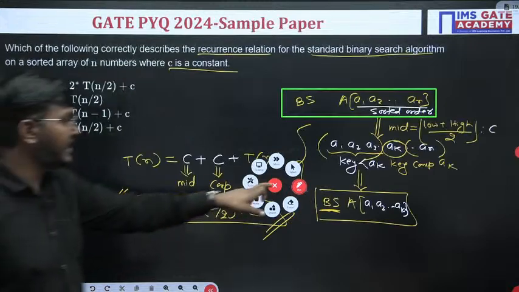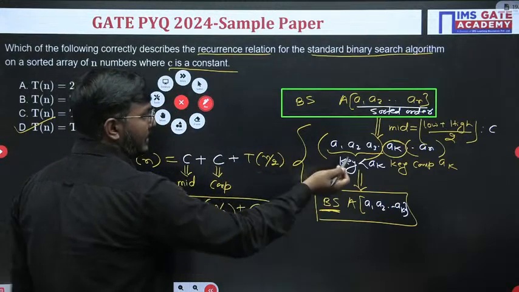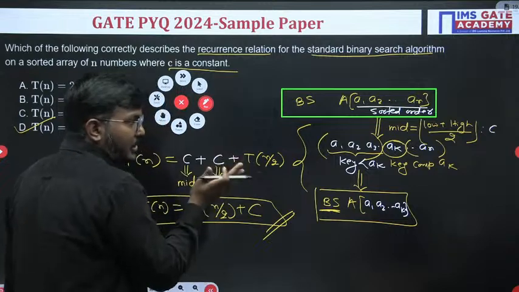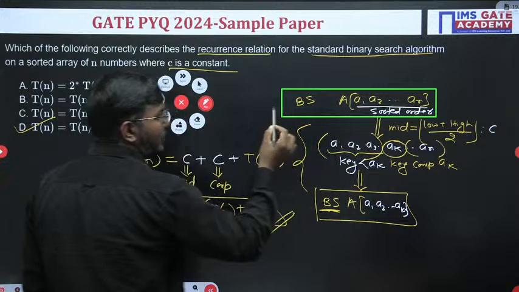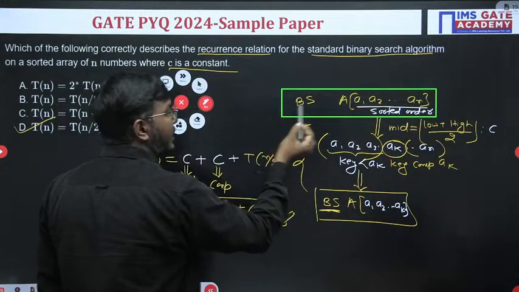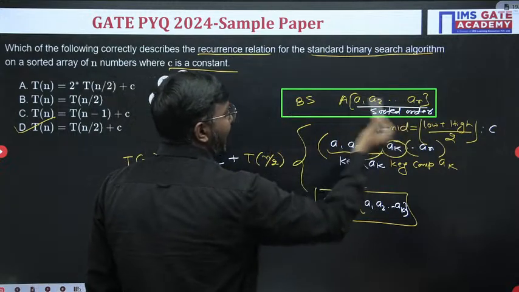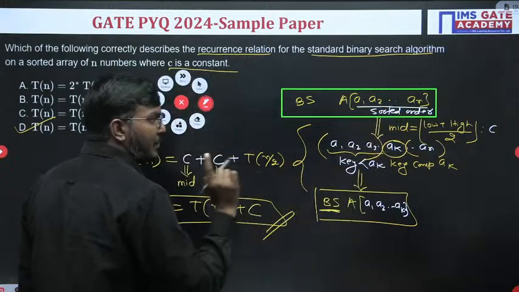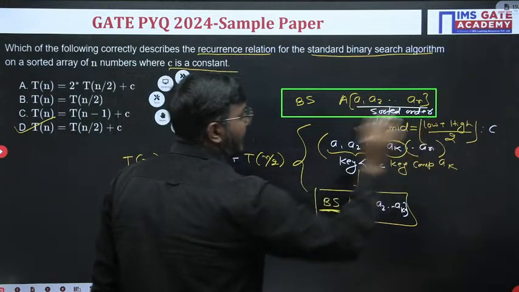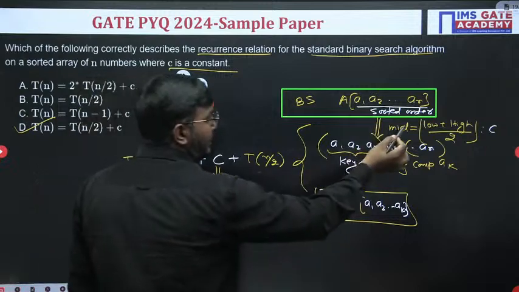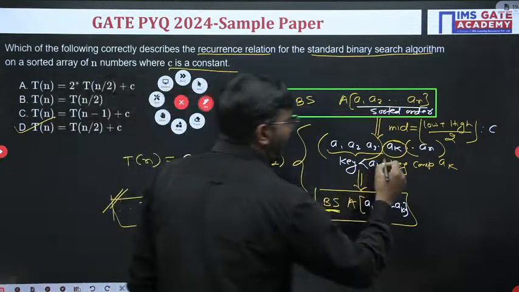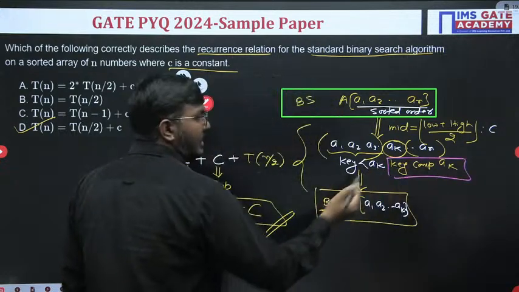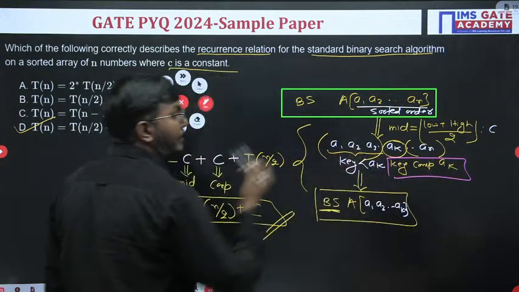If you observe carefully, in binary search at every step, as soon as we have a problem, a binary search on the array A having n elements in sorted order, the first step is to find the mid. After finding the mid, I have one comparison: the search key is compared with the mid element.